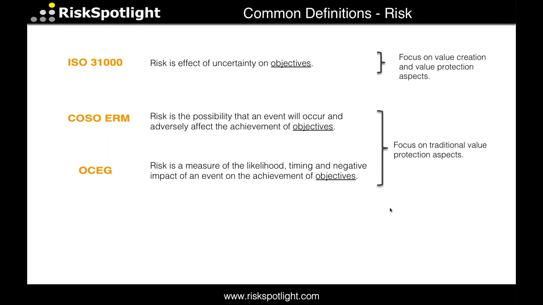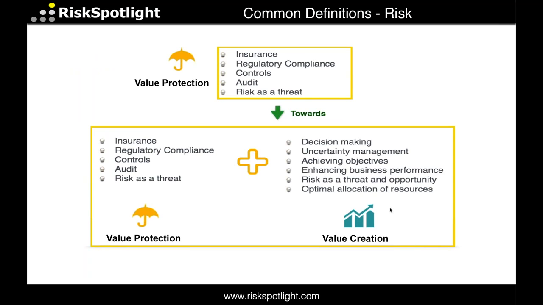And this is one of the trends that as risk management practitioners we want to be aware of, that broadly there is this shift going on where risk management traditionally was all about value protection, where we talked about getting the right insurance, having the right controls in place, and the objective was regulatory compliance. But organizations, especially boards and senior executives, as they're getting involved, are realizing that there is so much more risk management can deliver beyond just value protection, that they're also looking for the risk management community to help them with value creation.